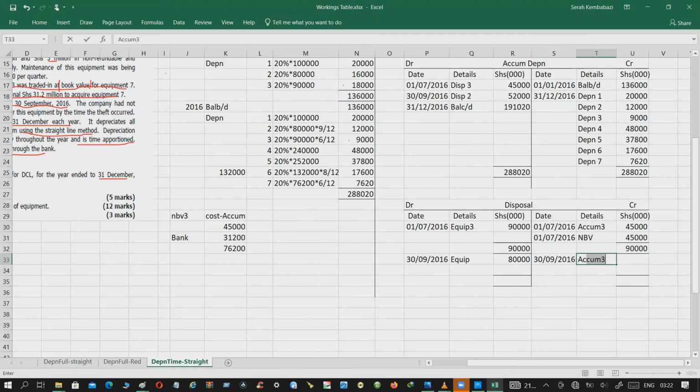It wasn't sold to anyone. Then accumulated depreciation for equipment 2 was 52,000.